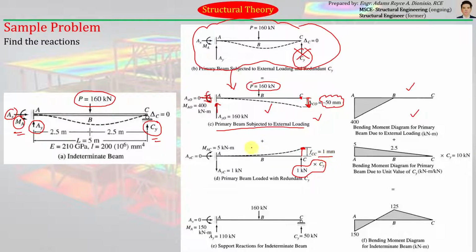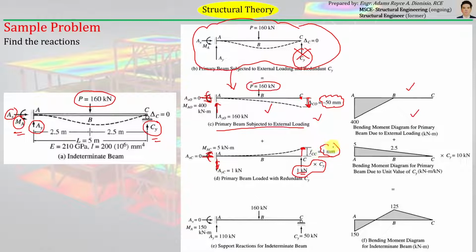And then you can easily compute all of the reactions here in terms of the unit load. So this is actually a technique that you can adopt. You are just expressing the redundant force in terms of a unit load with a magnitude equal to 1, so that you can still numerically compute the reactions here as well as the deflection.